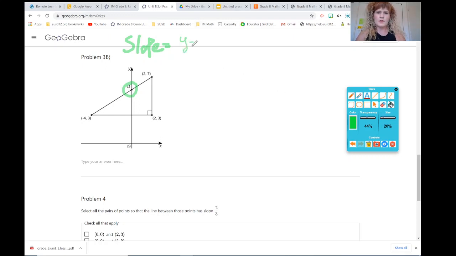So slope equals y2 minus y1 divided by x2 minus x1. Now, I'm going to start by taking the slope of these 2 points. Once I know the slope of the whole line, then I'm going to change my points and just look at these 2 here. Then I can find the coordinate points on the y-axis here.